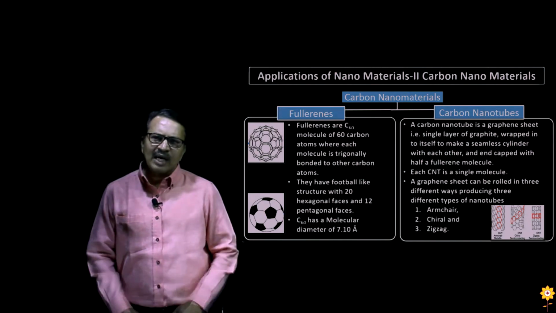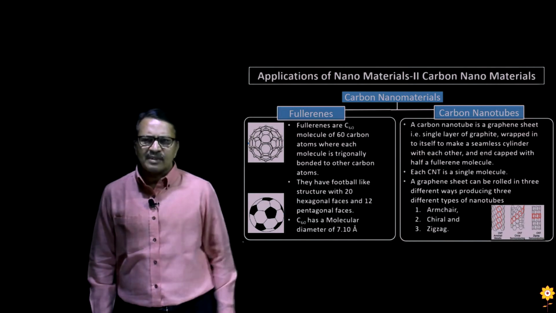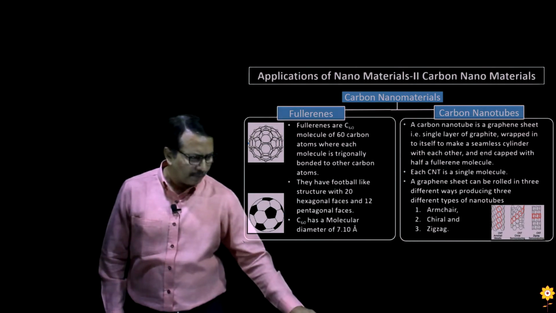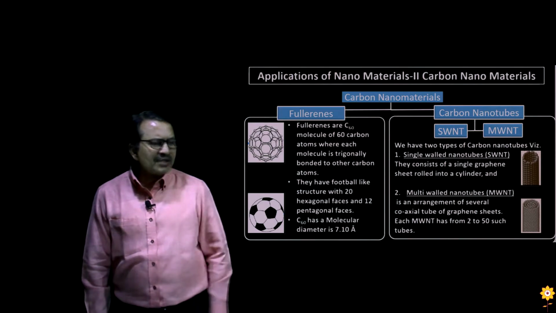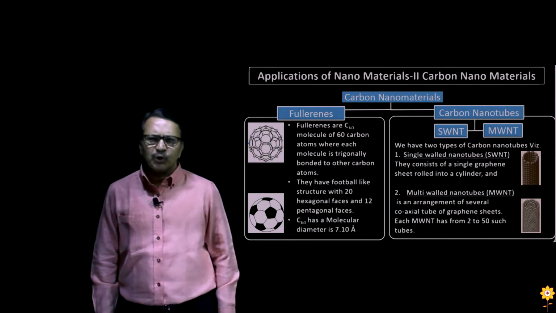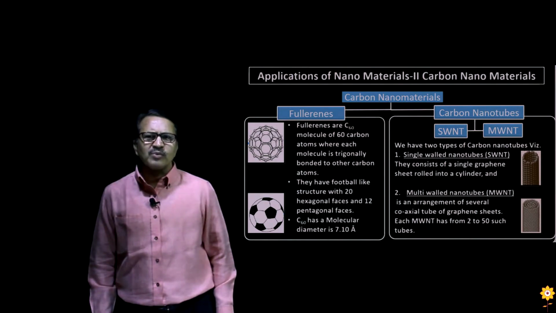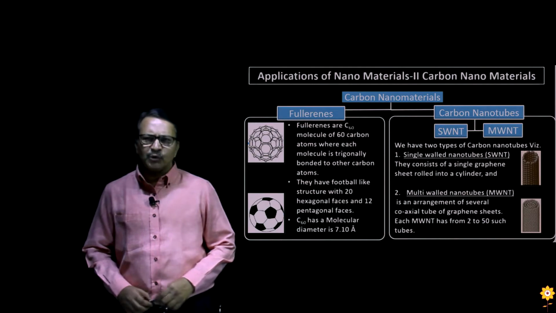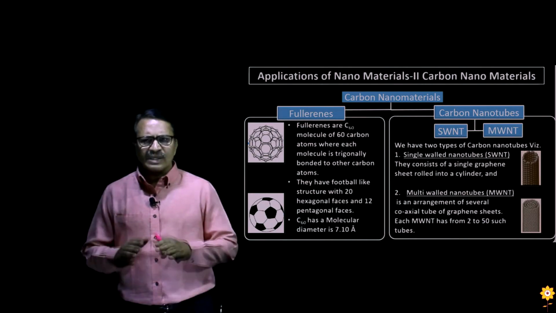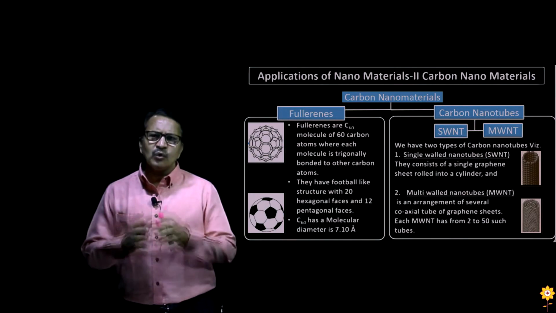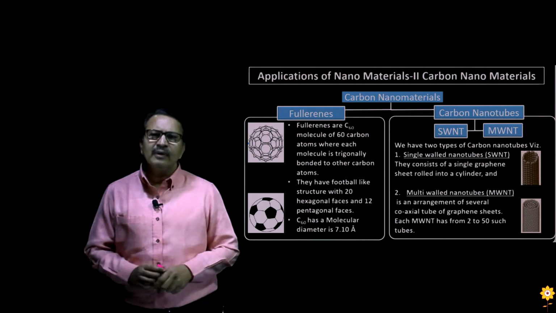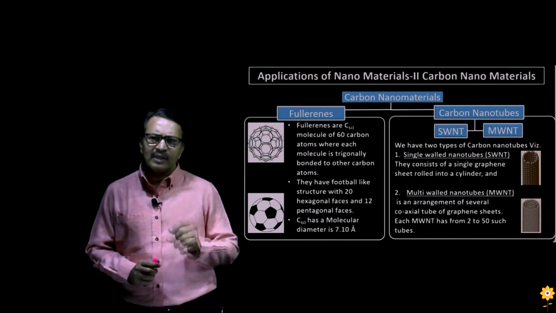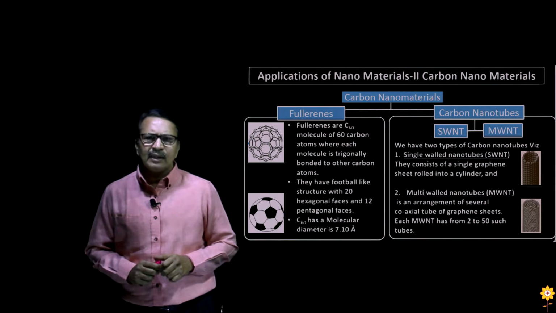Carbon nanotubes are further divided into two types. Let us see these types. These are basically the single wall nanotubes and the multi-wall nanotubes. In short, SWNT and MWNT. The single wall nanotubes consist of a single sheet of graphite rolled on itself, and that's the reason why we call it SWNT.